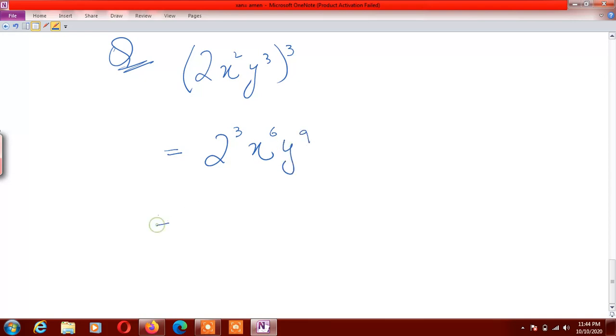So it is equal to 2 cube, which is 8, x power 6 and y power 9. This is the basic concept of this law. I hope this is also clear to all of you.